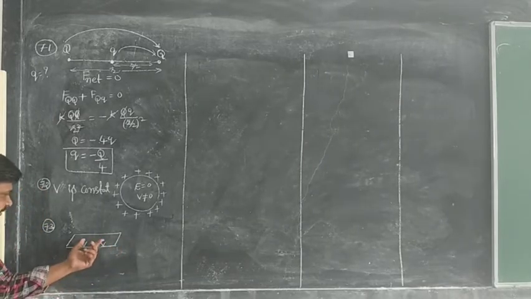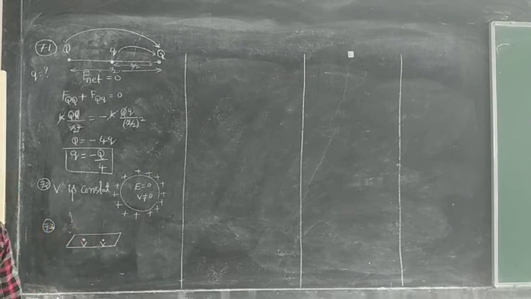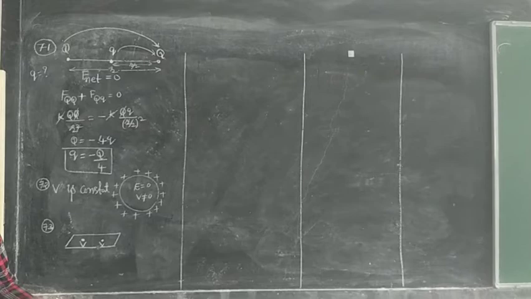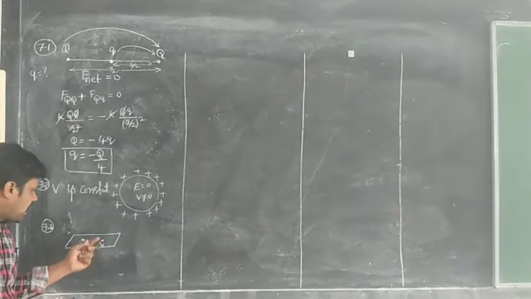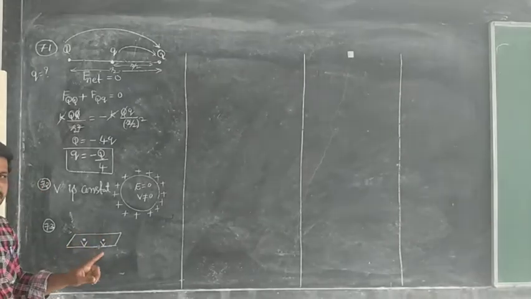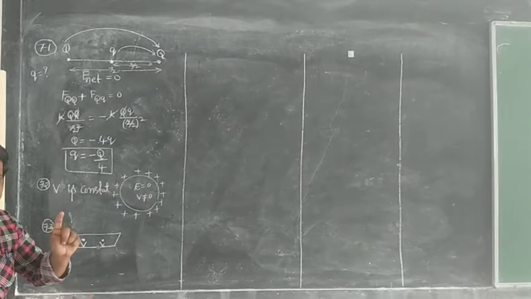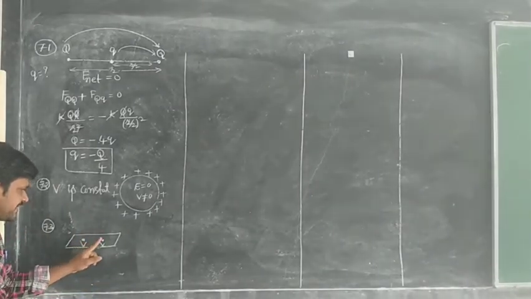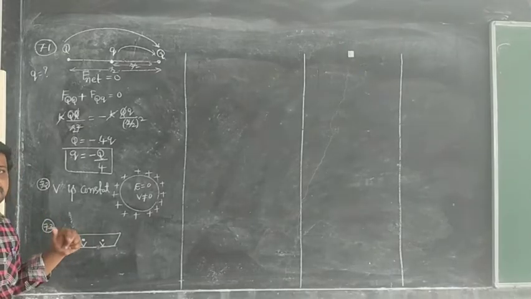So the potential difference between the two points is 0. Why? Because the potential is the same, so the difference is 0.